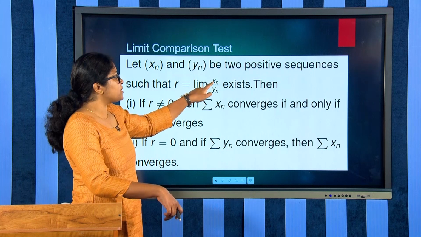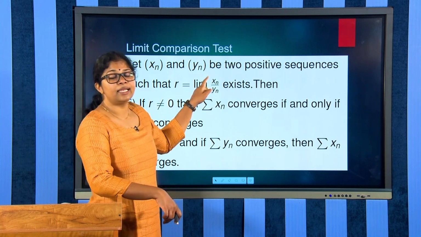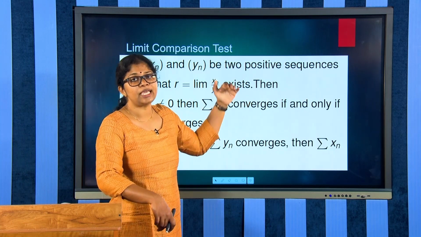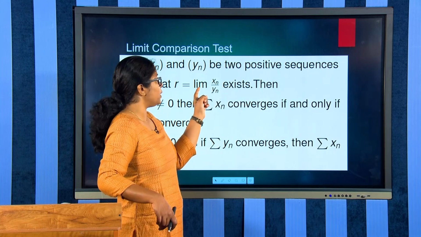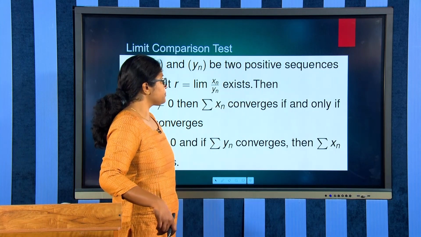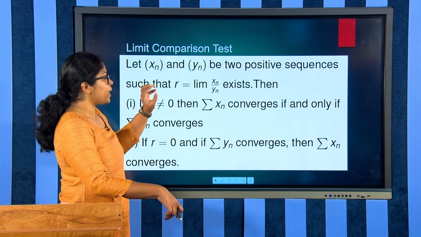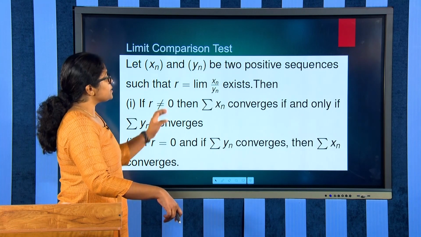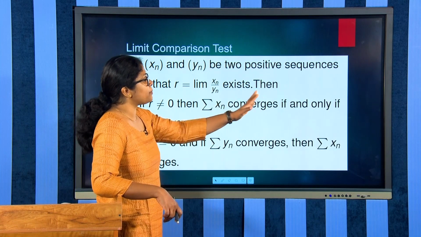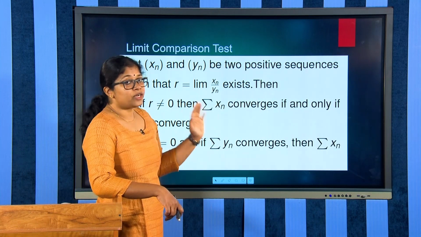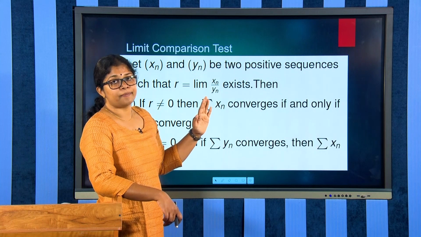Then, if r is a non-zero finite quantity, then summation xn and summation yn converge or diverge together.